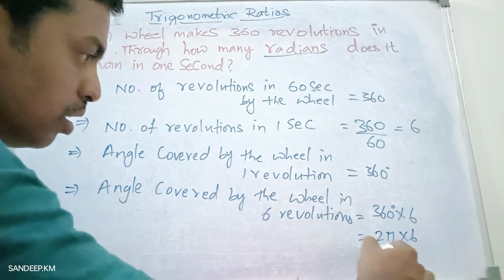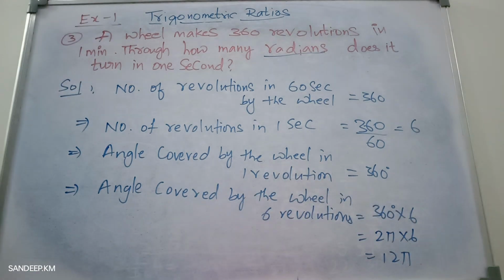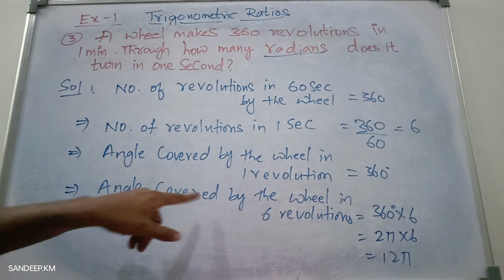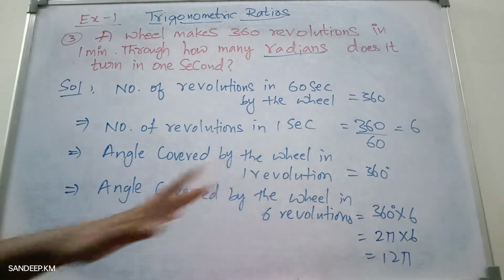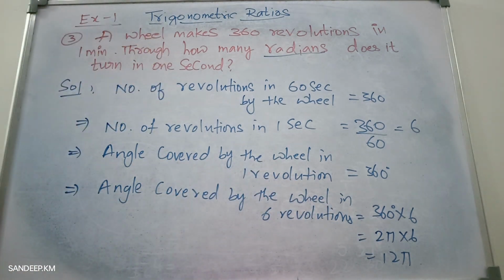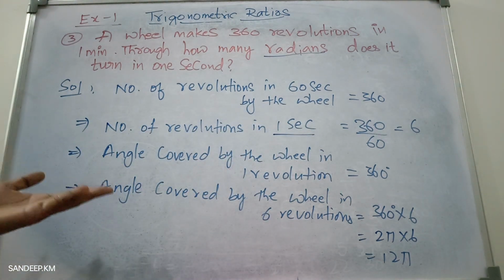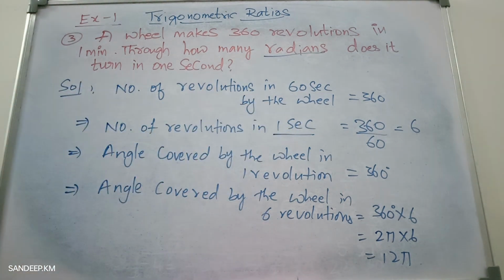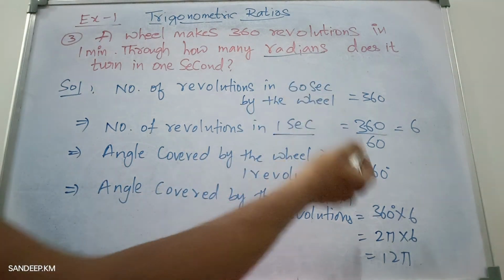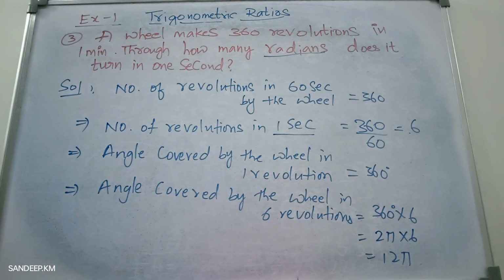So into 6, you will get 12 pi. So therefore, dear students, the angle covered by the wheel in 6 revolutions is 12 pi radians. And in 1 second, the number of revolutions made by the wheel is 6 revolutions, which means that 6 revolutions is nothing but 12 pi radians according to the question.